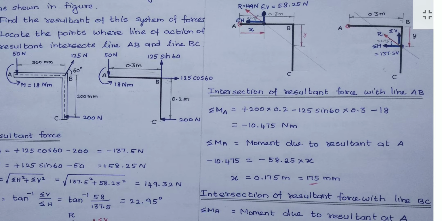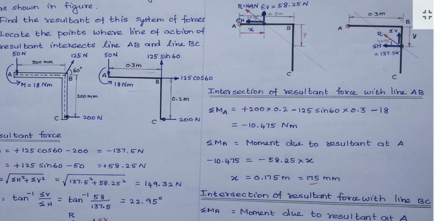This resultant force I am splitting into two components, sigma H and sigma V, which we already know are 137.5 and 58.25. I write the resultant as horizontal and vertical components because it is very easy for us to find the moment.